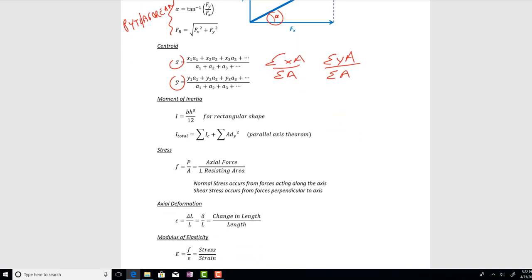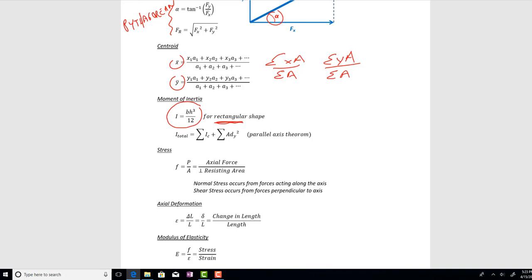When it comes to solving the moments of inertia, there were a number of different equations that came out of the book. I've only included one here, and this is the moment of inertia for a rectangular shape: just the base times the height cubed divided by 12. Remember, it's not base times height and then all of that cubed. Take your height cubed, multiply it by your base, and then divide by 12.